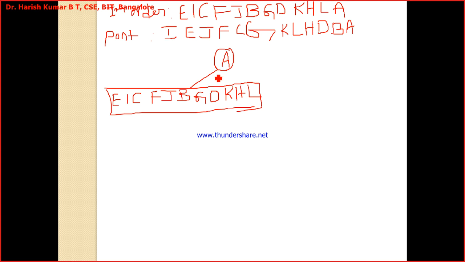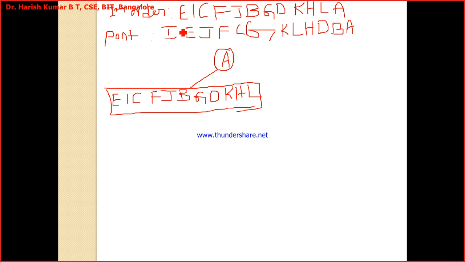Next thing is, I want to find the root of this. Now I'll go for arranging this. I is here, E is also here, J, everything is there. If I arrange it properly in the postorder fashion, next what I am getting is B here. Before B you have all these things.